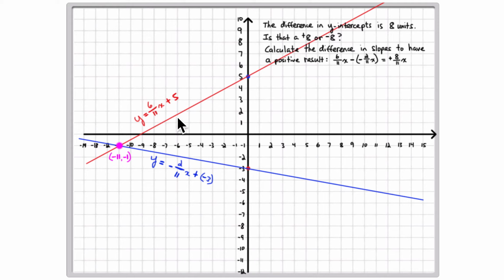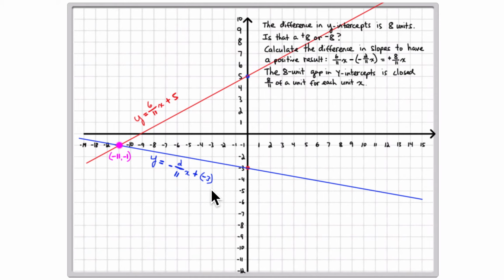So this is going to equal a difference of 8/11. So now I'm moving away from setting this up rigorously, from blindly solving an equation to find this point of intersection, and reasoning through it instead. The difference in slope is going to be 8/11, and how far apart are the y-intercepts? They are 8 units apart. The 8-unit gap in the y-intercepts is closed 8/11 of a unit for each unit x.